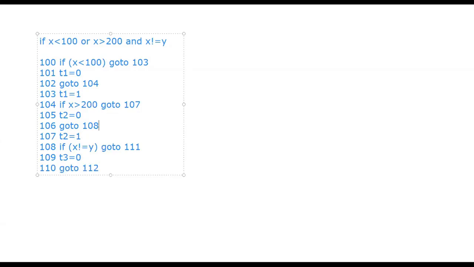One thing is written here, 112. That is exit from the program. Exit condition, right? At 111, T3 equals to 1.